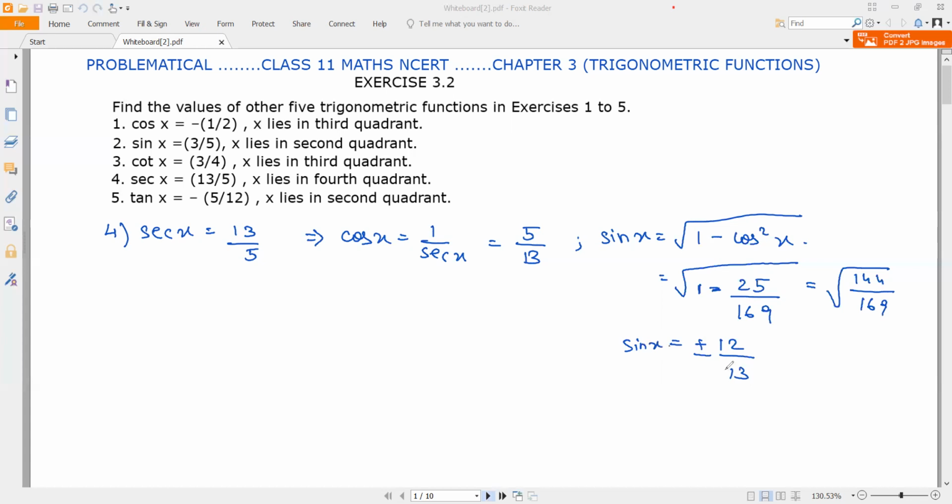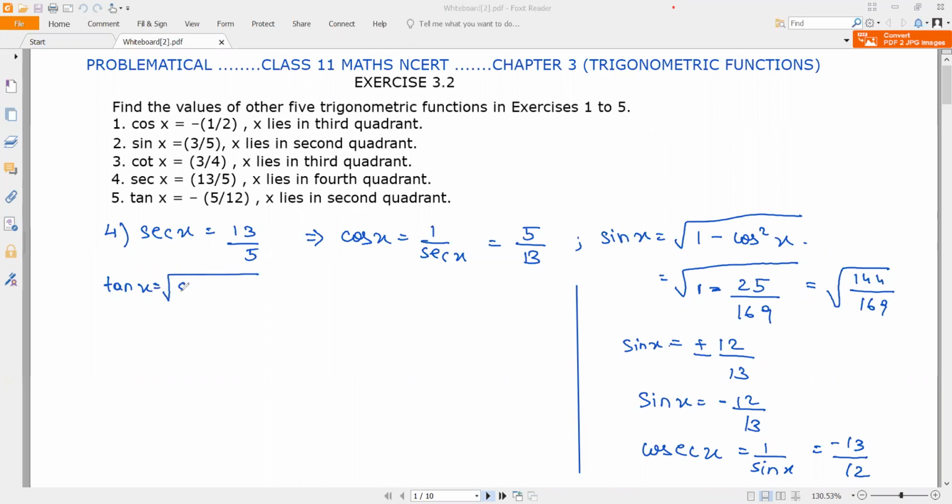Sin x has to be negative in the fourth quadrant. Hence, sin x will be equal to minus 12 upon 13. From sin x, we can get cosec x. Cosec x is equal to 1 upon sin x, which is equal to minus 13 upon 12. Next, we have tan x and cot x. So, tan square x is equal to sec square x minus 1, and tan x will be equal to root of sec square x minus 1.